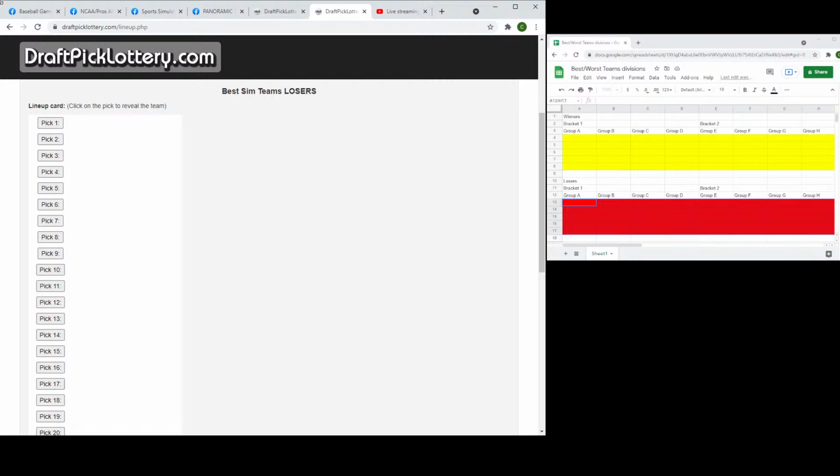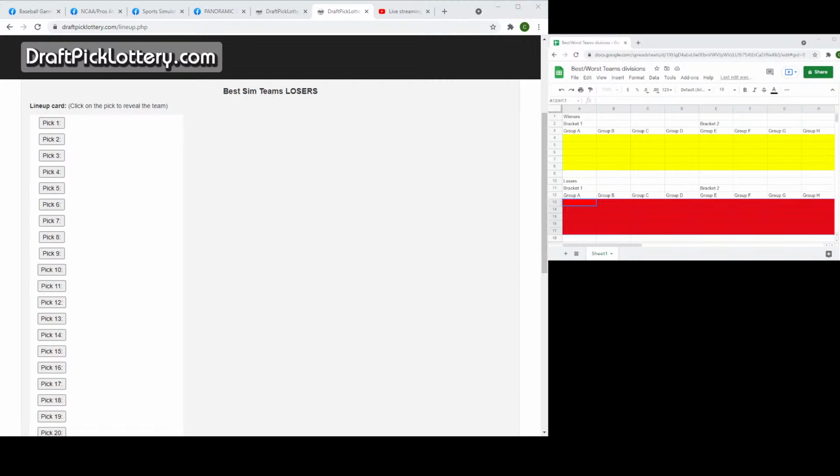Oh, I see, I'm moving it up, and this is the first time for me doing this. To your right you can see, and I hope I made it easy for people to see, yellow is winners, and red is losers.